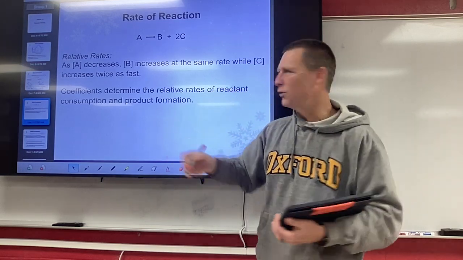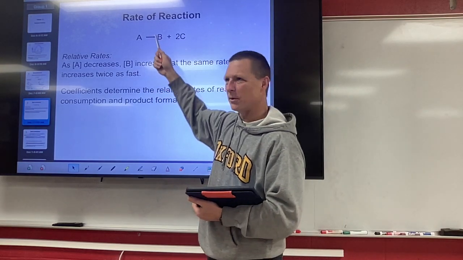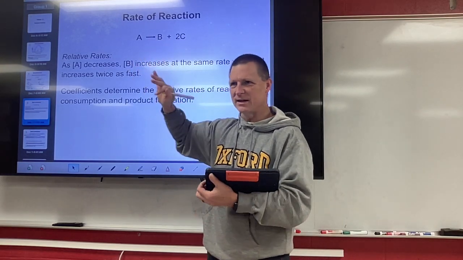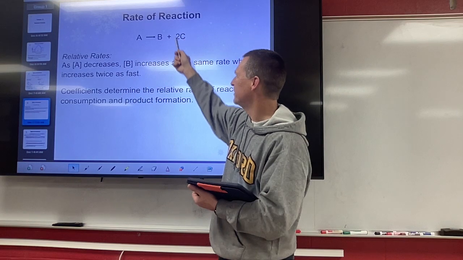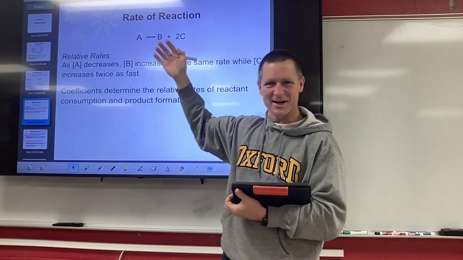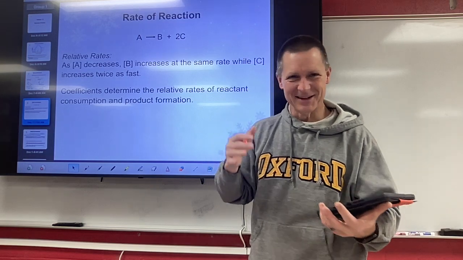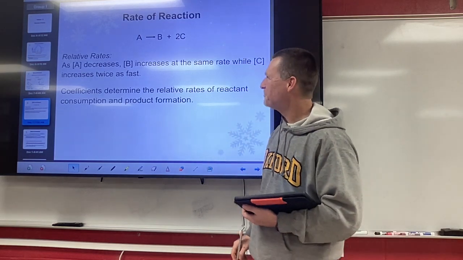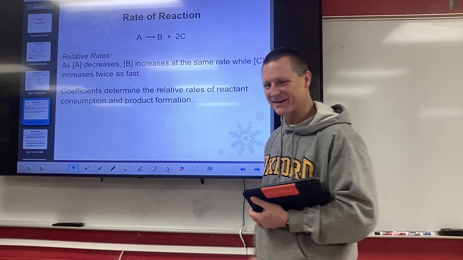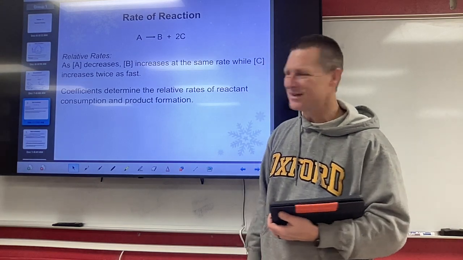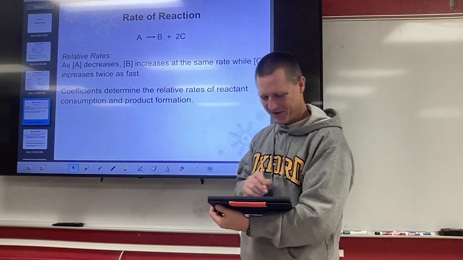If they're giving us the rate of one thing is X, you need to know that C would be 2X. And you'll be surprised at how you'll just lose that in your thinking. So yeah, we'll have to come back to that sometimes during this chapter.